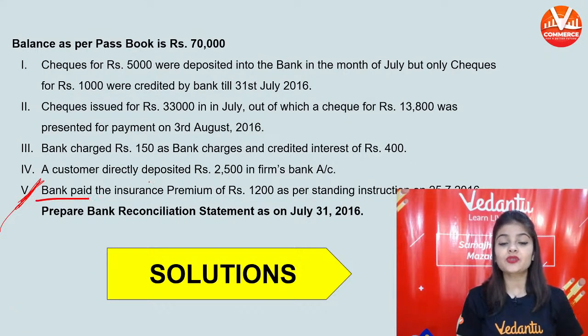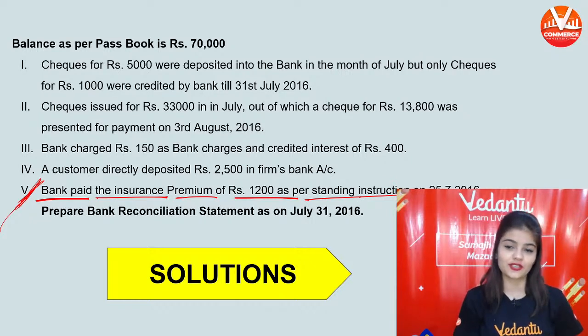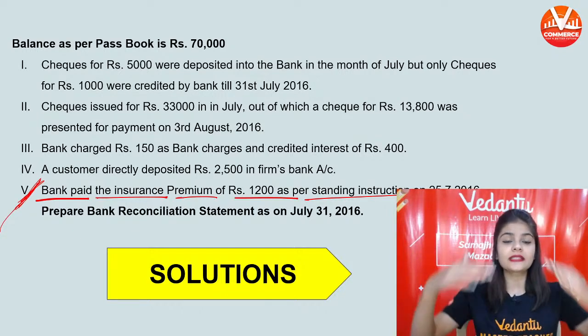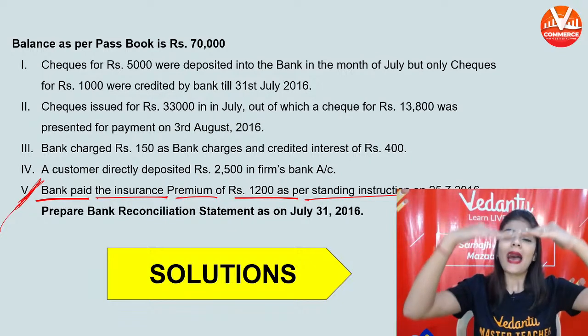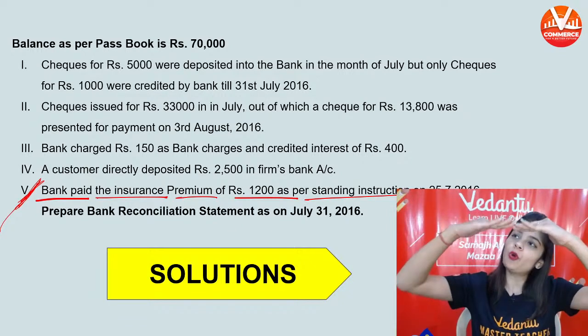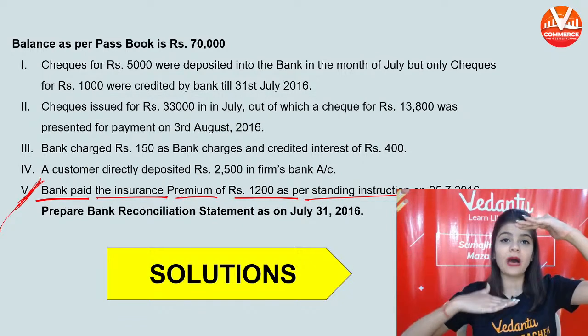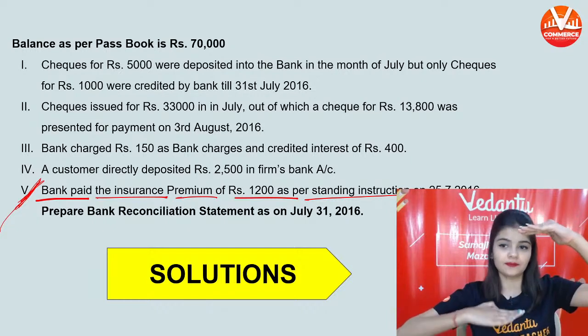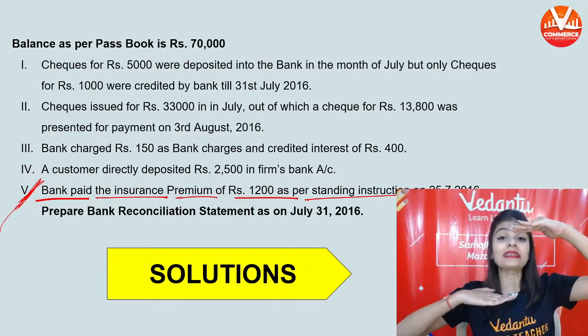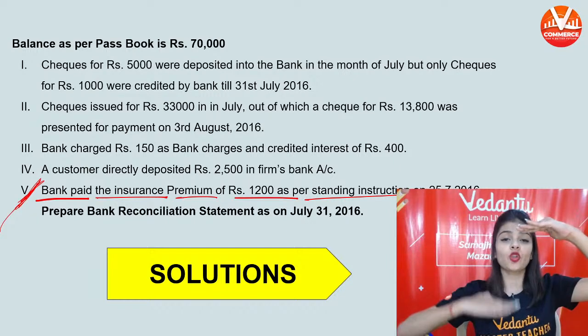And the last transaction is bank paid the insurance premium of 1200 as per standing instruction. Thank you, Akash. Bank paid insurance premium of 1200. इसका मतलब बैंक ने पे किया, पासबुक बैलेंस is decreased by 1200.